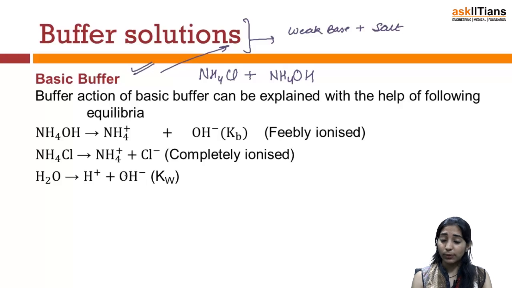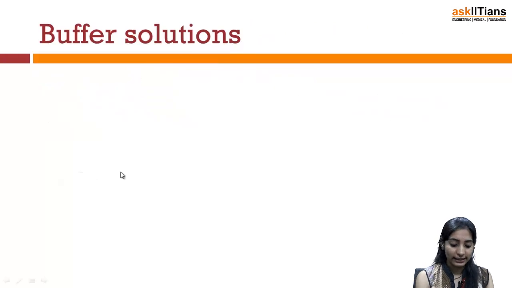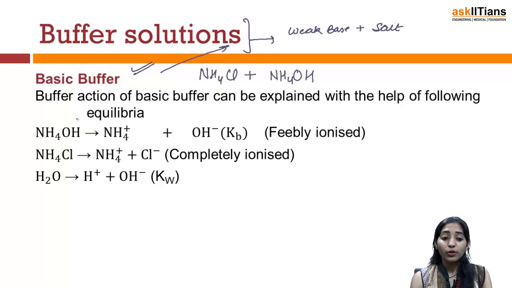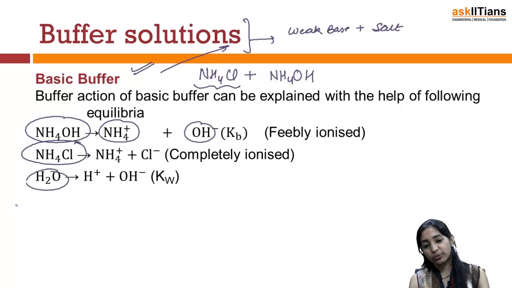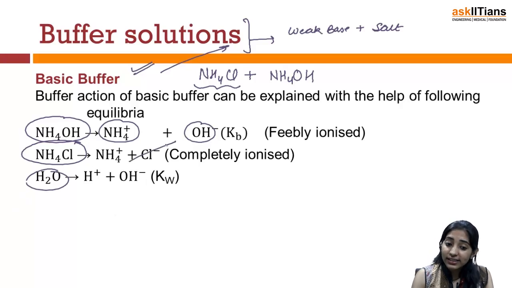So the equilibria taking place in this case are: NH4OH is going to give NH4+ and OH-. Then NH4Cl will give NH4+ and Cl-, and water will give H+ and OH-. Since Cl- comes from a strong acid, it will not get hydrolyzed in water.